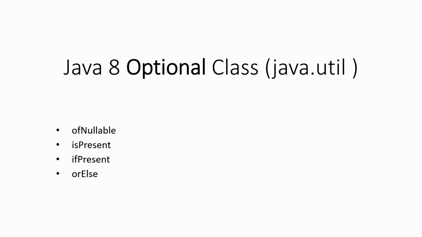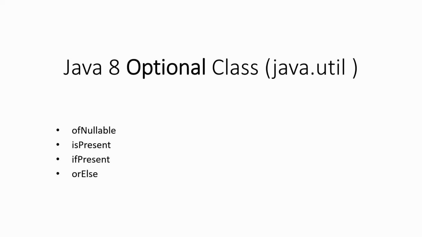So what the Oracle people have done is they have come up with an optional class, which wraps around all such handlings, because a programmer has to write a lot of null checks, right? If some variable is equal to null, then initialize it with this value.